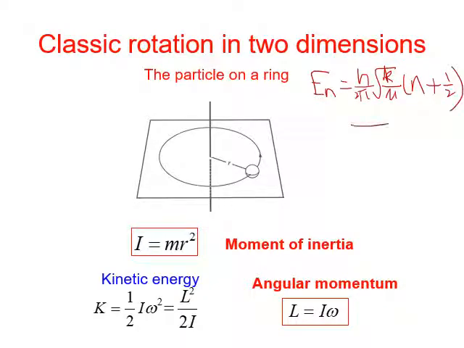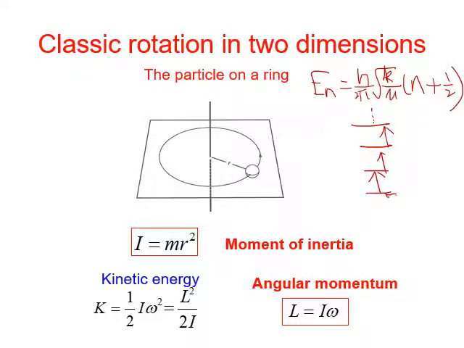These energy levels are equally spaced. The absorption of light can only take place between adjacent energy levels. Because these energies are equally spaced, there's only one frequency that will be absorbed.